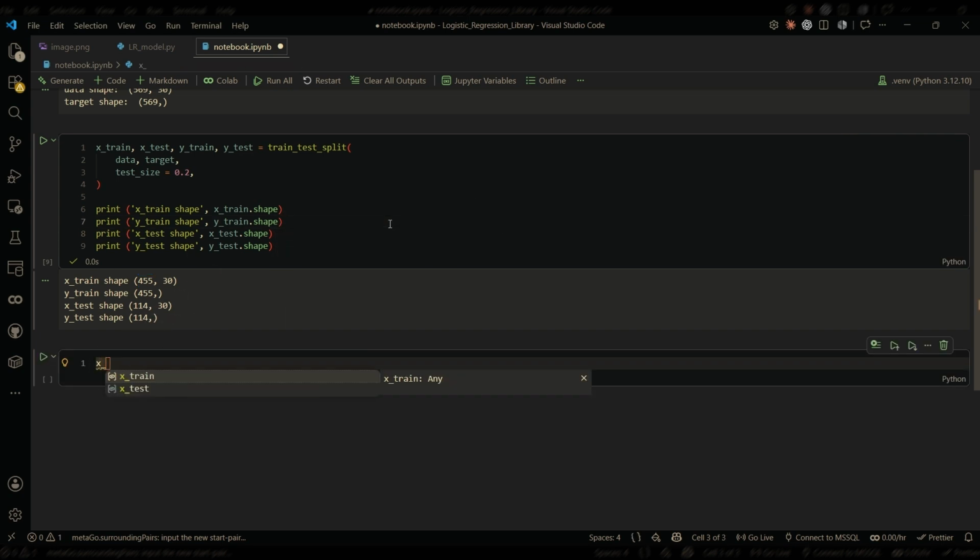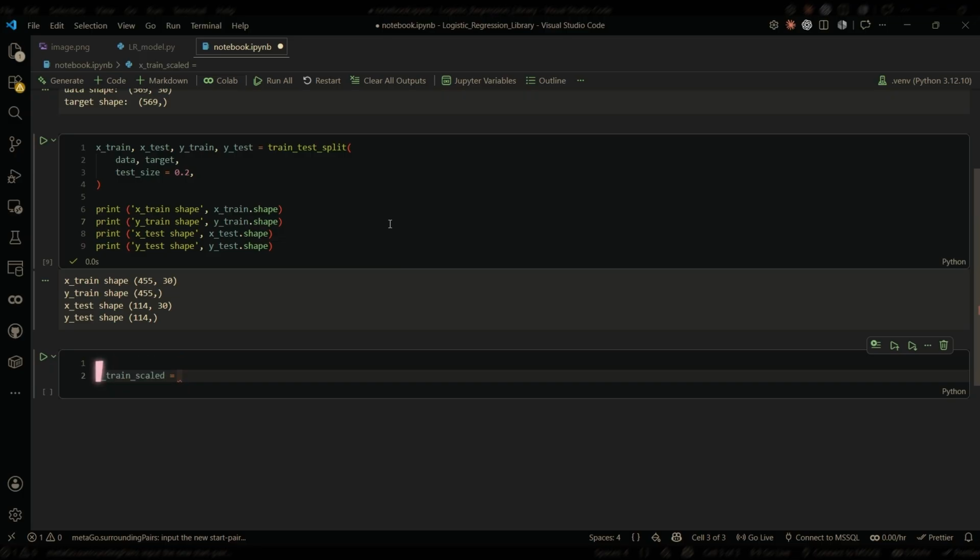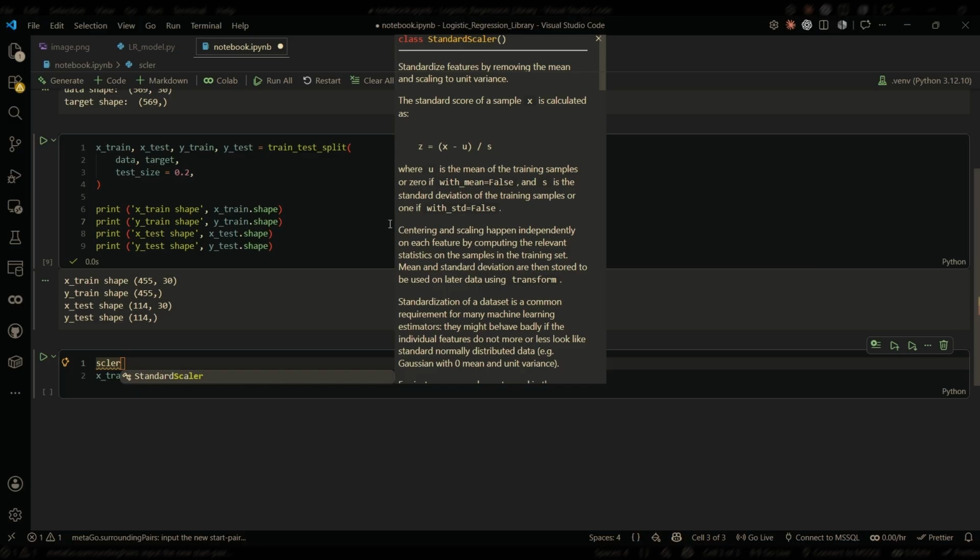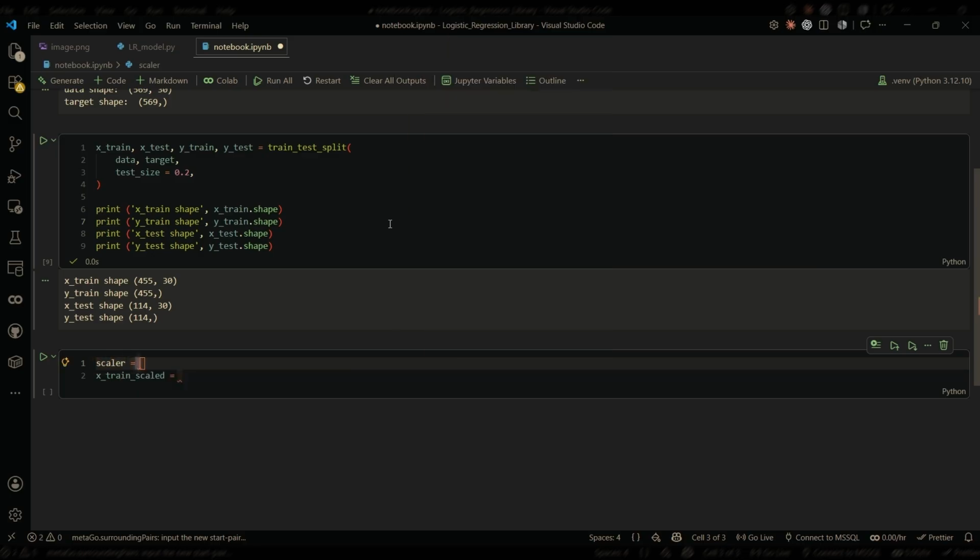Okay, now we're going to scale it up because models work better when the data is scaled. So scaler equals StandardScaler right here, called fit_transform for this.